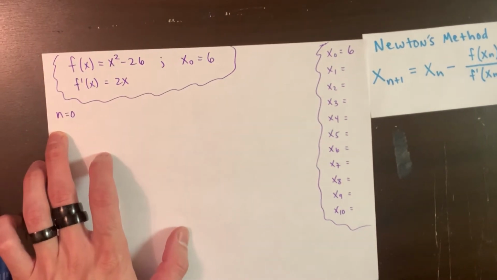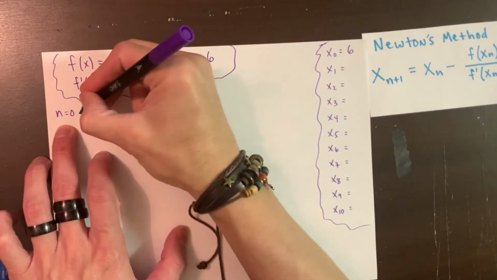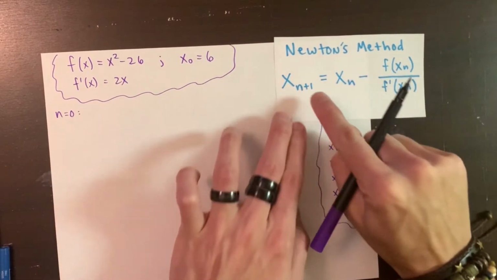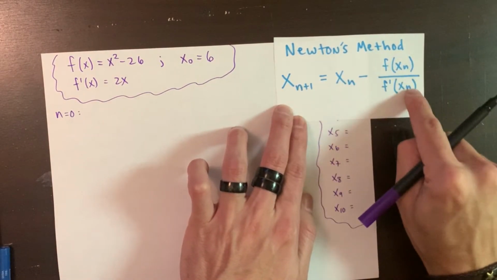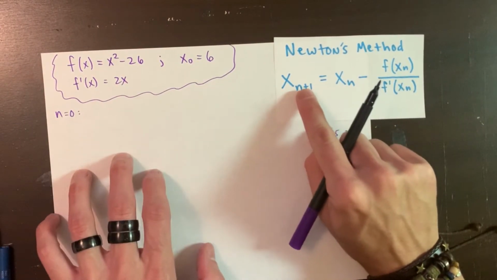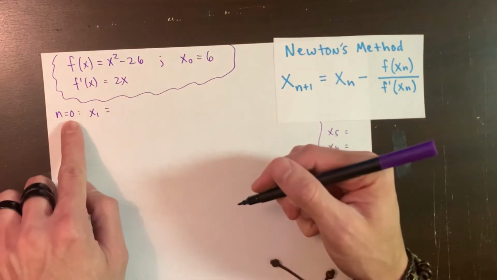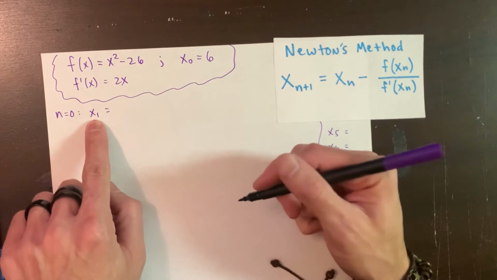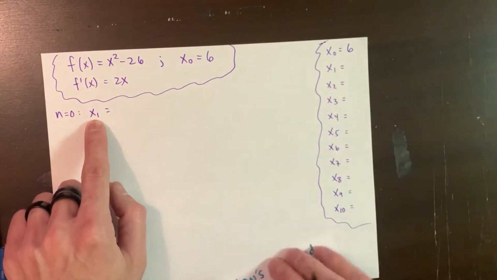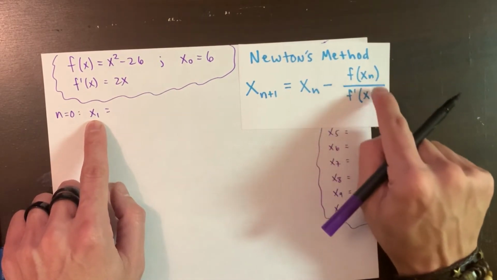Let me focus my camera. Let's pretend that n equals 0 because, watch, when I replace all of these n's with 0, especially there, 0 plus 1 is 1. So when n is 0, I am finding x1, and that's good because I need to know what that is. So all these n's become zeros.